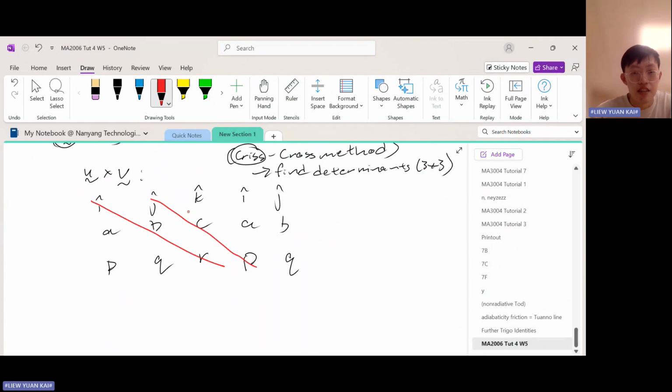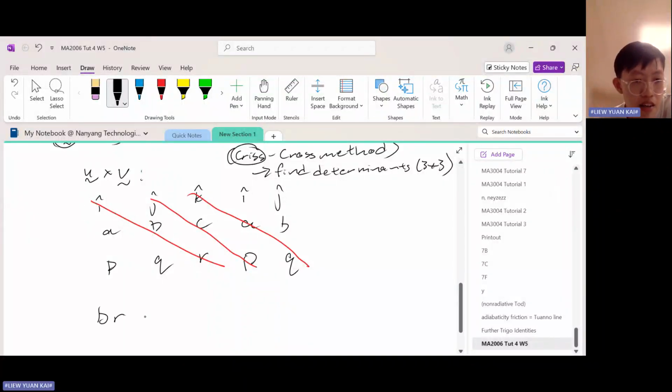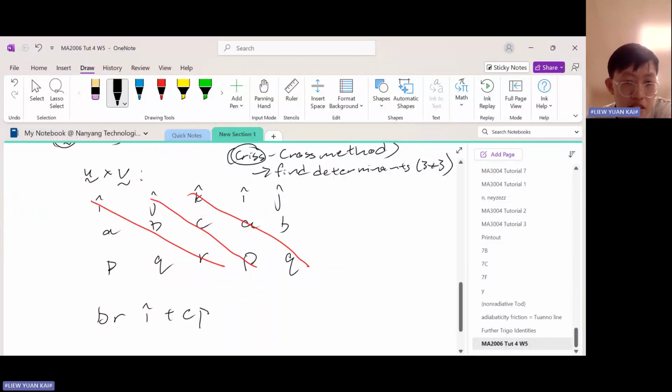We take the product of all the terms under each line. So i times b times r is BRI, followed by j times c times p is CPJ, then k times a times q is AQK.